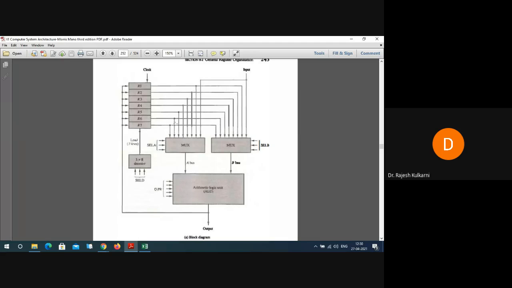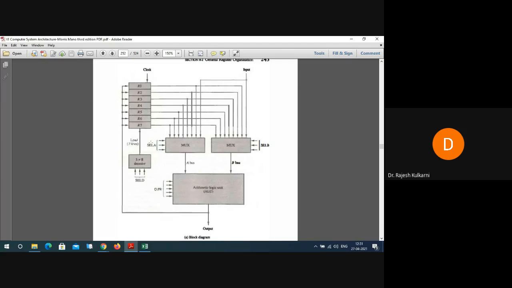The control unit will coordinate and activate the required bus for the required register to be brought into the multiplexer. Through this, it will go to the arithmetic logic unit. The operation will be performed in the arithmetic logic unit. The output again where to be kept, that will be decided by this decoder.